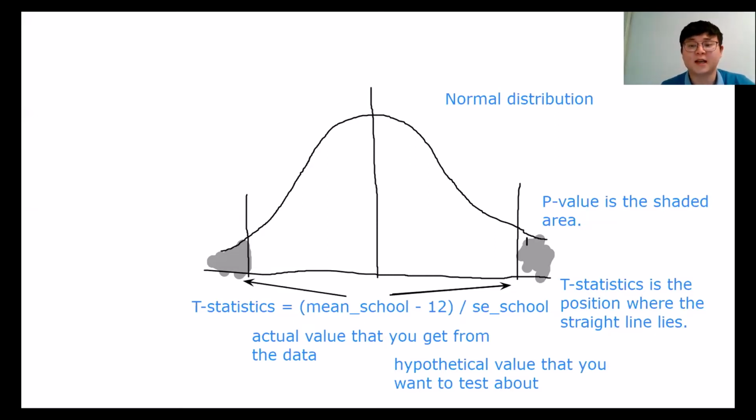So the true value is unlikely to be 12. This is how we interpret the p-value and also t-statistics. They mean unlikely, but they don't mean that it never happens. This is one important thing that I would like to remind you about the interpretation of t-statistics and also p-values.